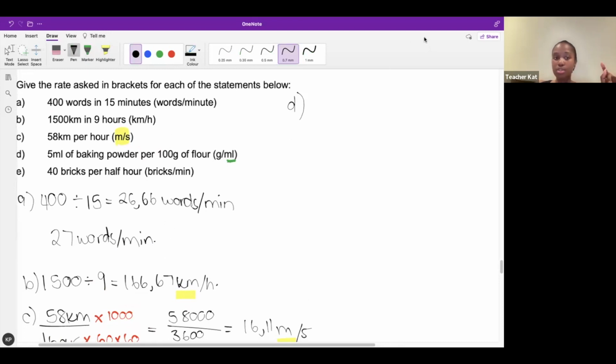Nice one, Deck. I have to divide by 5. So I'm going to say 100 divided by 5, which means it's going to give us 20. So my rate is 20 grams per milliliter.